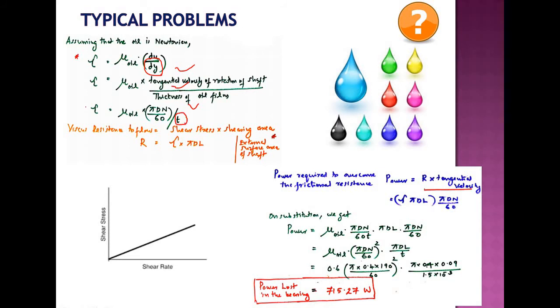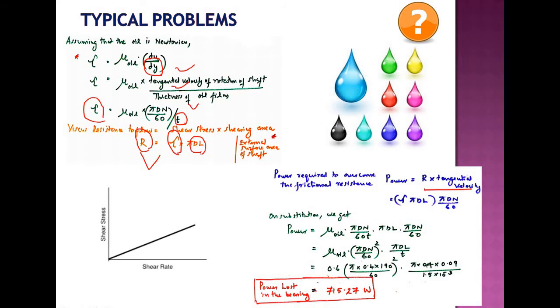Now this is the shear stress developed due to the rotation of the journal in the oil film. We know the theory, it creates a viscous resistance. What is the viscous resistive force? Viscous resistive force R is equal to the shear stress multiplied by shearing area. You should understand this. What is the shearing area?